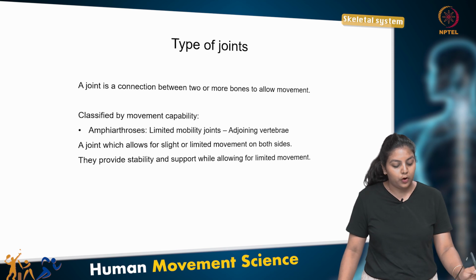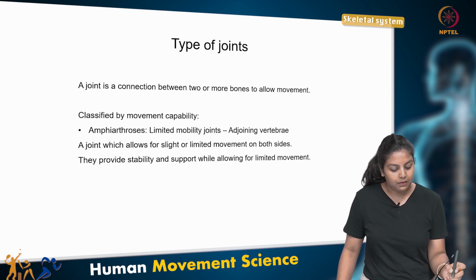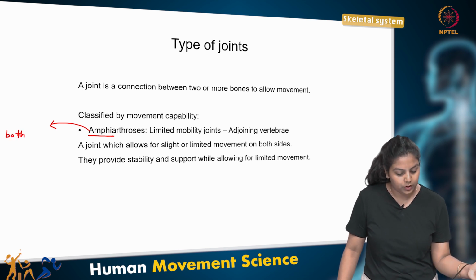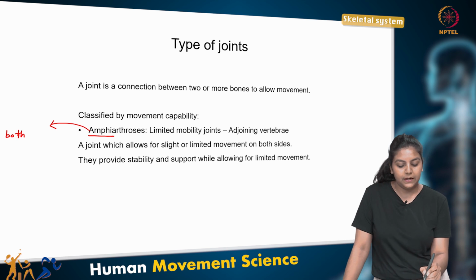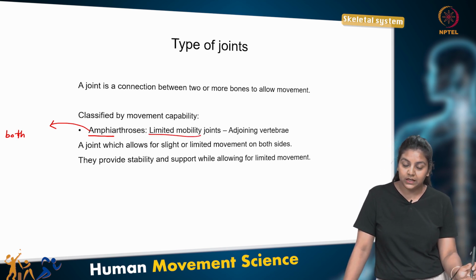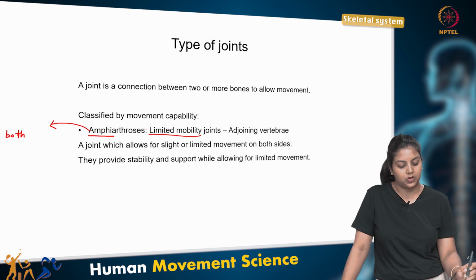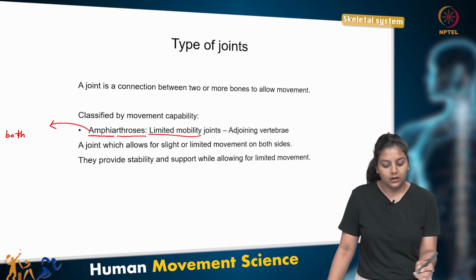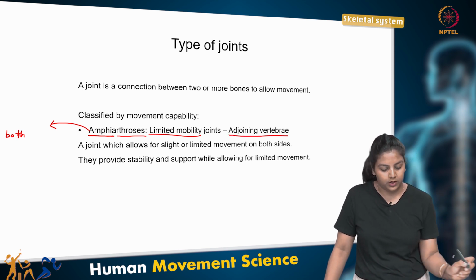So another type of joints is amphiarthrosis. Amphi here means both, which means that it has limited mobility. So it does not have much mobility and it also has mobility, which is why it's called amphiarthrosis, as we looked at is joints. So example, the adjoining vertebrae.